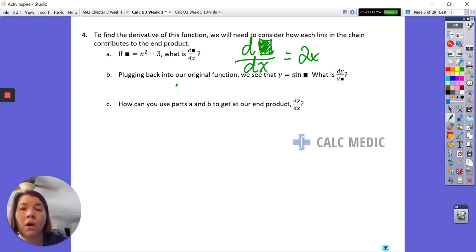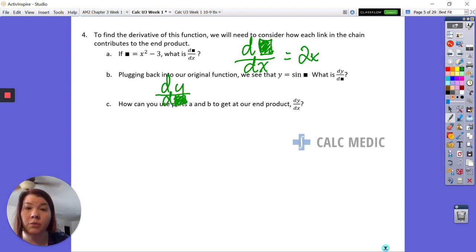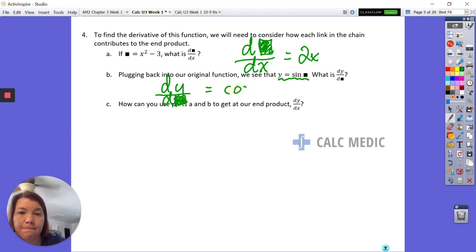Then dy d square, taking the derivative with respect to square. Normally we take the derivative with respect to x, but since square is what's in our function, we're going to take the derivative with respect to the square, because our independent variable here is this black square. And so we're going to get cosine of square, right?